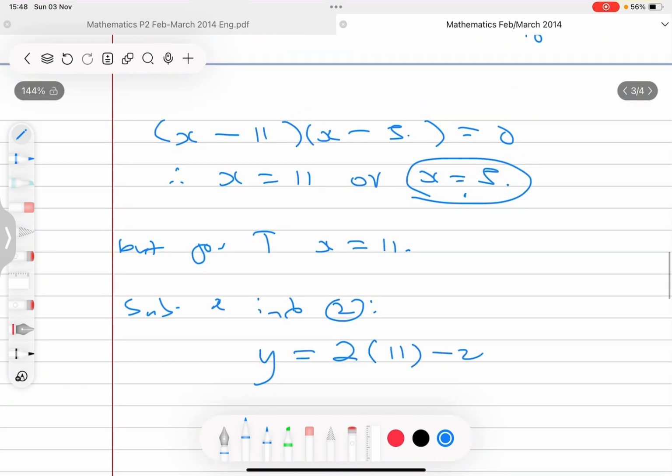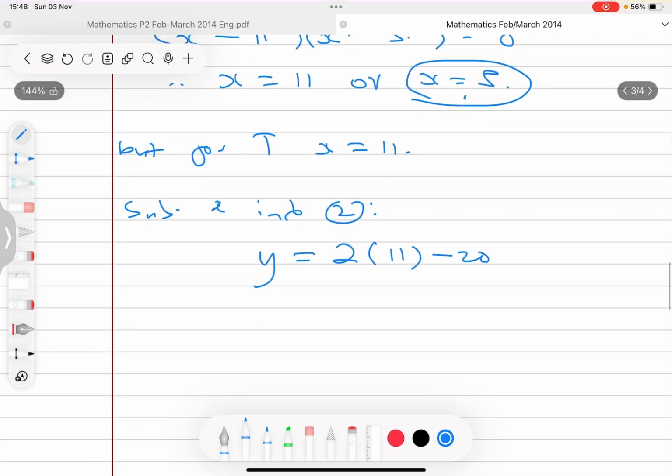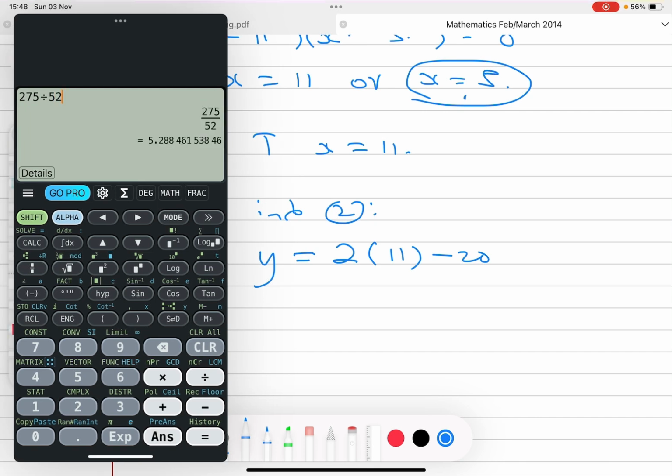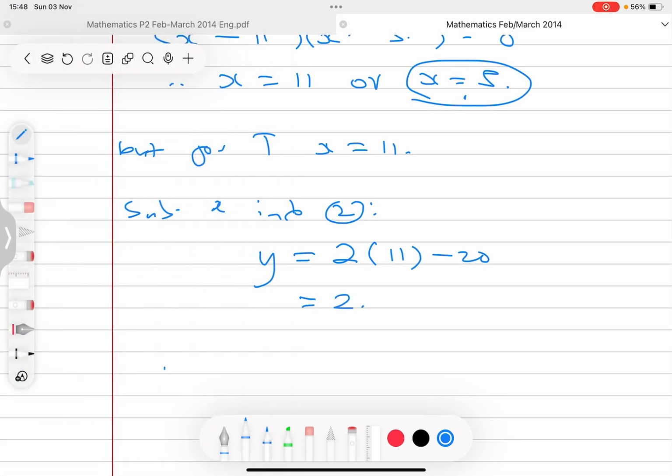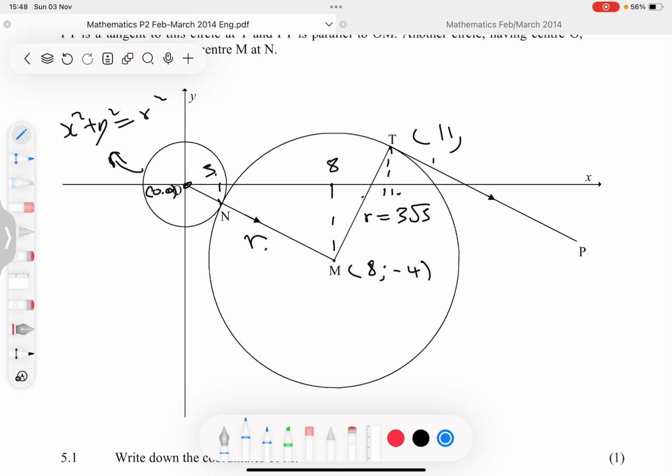So our x, we're saying it's 11 here, minus 20. I see 22 minus 20. So here we have 2 times 11 minus 20. That gives me a 2. This then means that the point t will be given by 11 and 2. So this point here is 11 and 2. That's the point we're looking for.